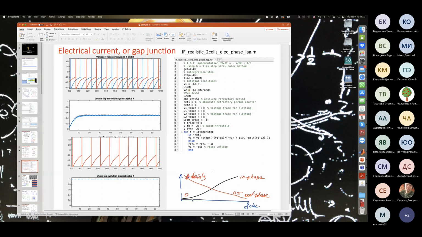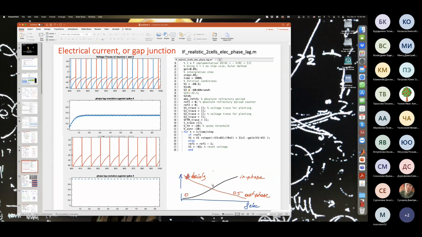Then you keep increasing, and sometimes you will see in-phase spiking. As you increase G electric, the number of trials with out-of-phase spiking will drop, whereas the number of in-phase cases will grow, and there will be some intermediate value where the ratio is 50-50.